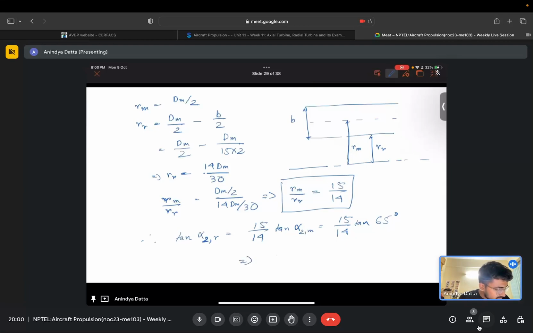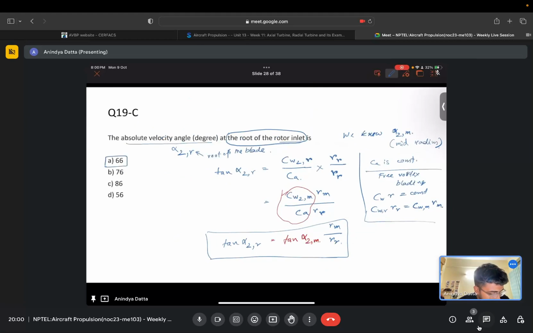If we compute alpha 2 at root, this will come out as 66 degrees. So we see that at the root the absolute velocity angle is higher, which means as we go along the radius the absolute velocity angle decreases. Is this clear? So the answer will be option A.